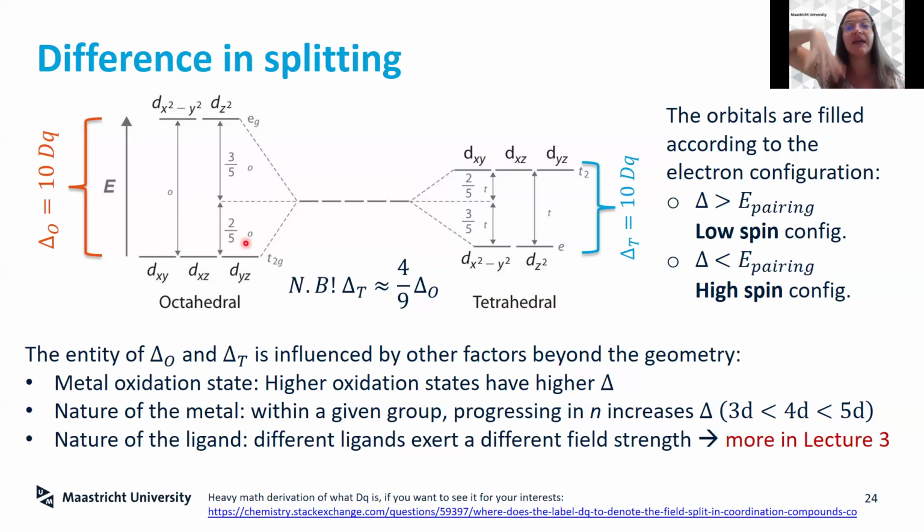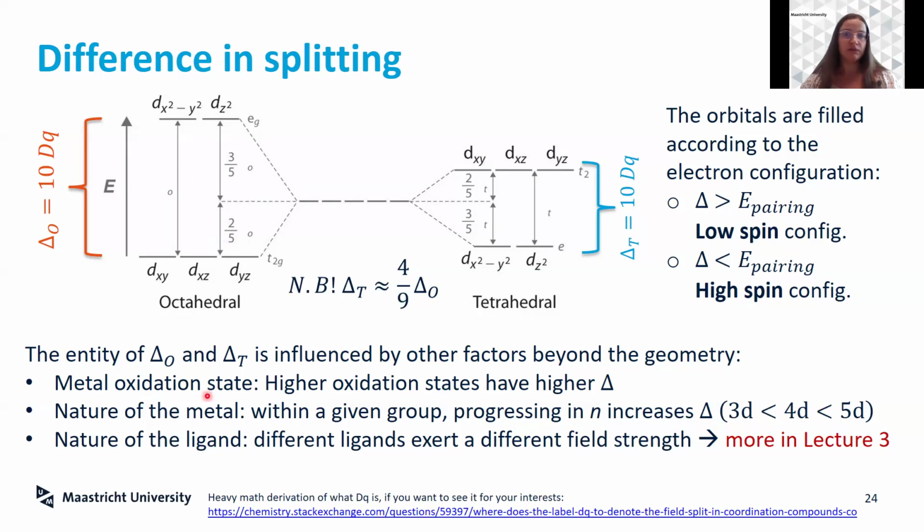Everything goes in the highest possible occupation before you start pairing, right? If instead pairing is easier than jumping, so this gap is more difficult to cross than pairing the energy, then you find yourself in a low spin configuration. So you prefer pairing over occupying as many orbitals as humanly possible.